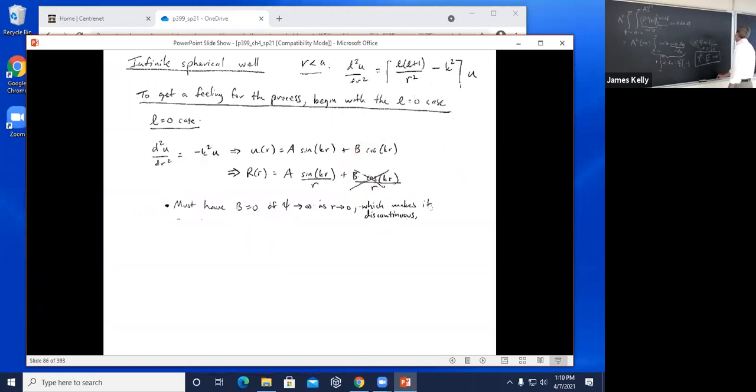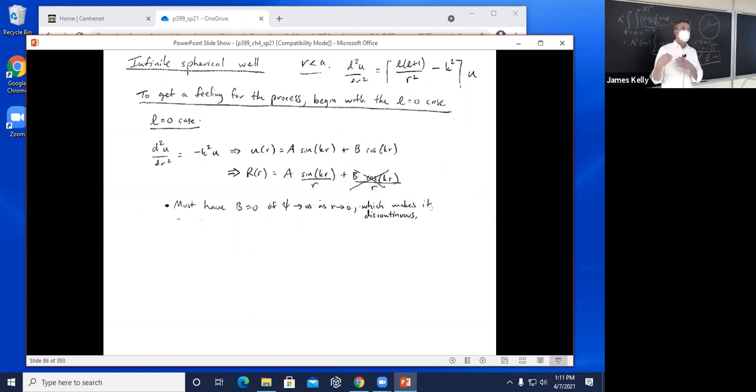That would mean, if I'm inside my spherical well, here's the center of the well and the radial direction is like that, it would be like I'm looking for a solution going up to infinity as I get close to 0. It's also going to infinity as I approach r equals 0 from that side.